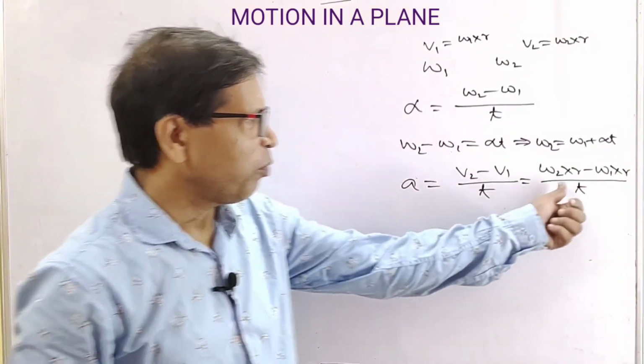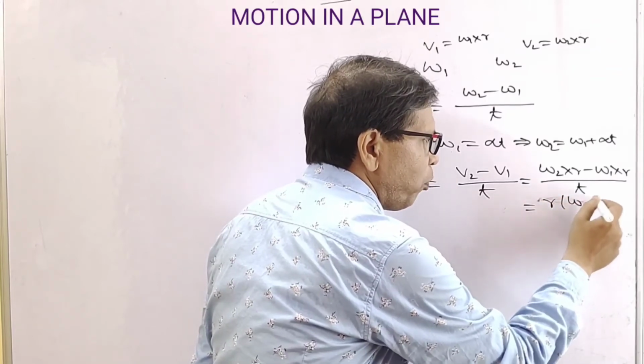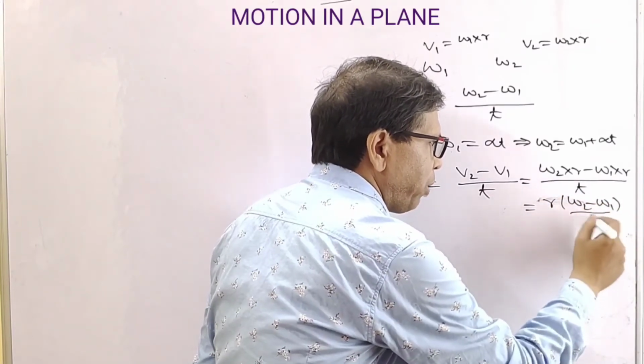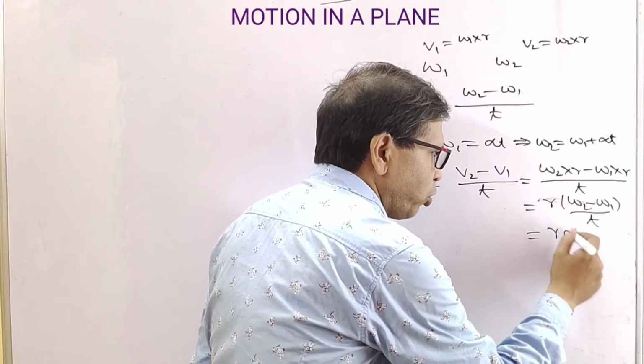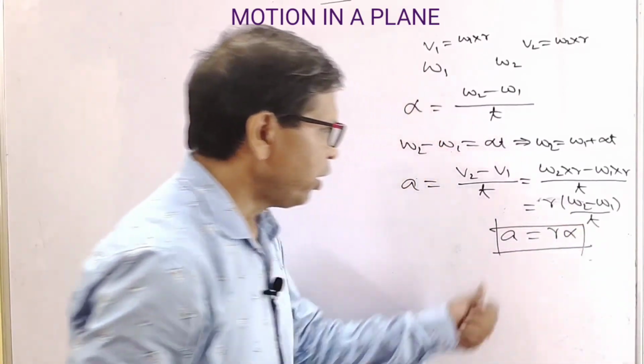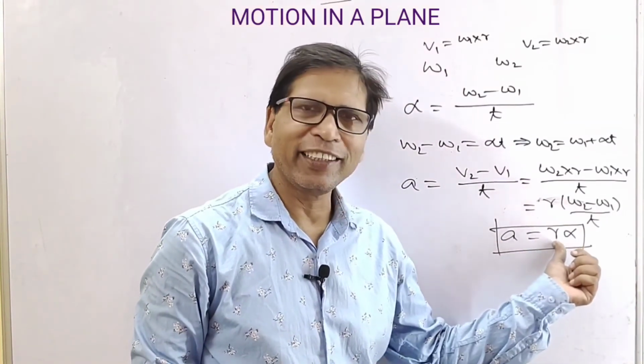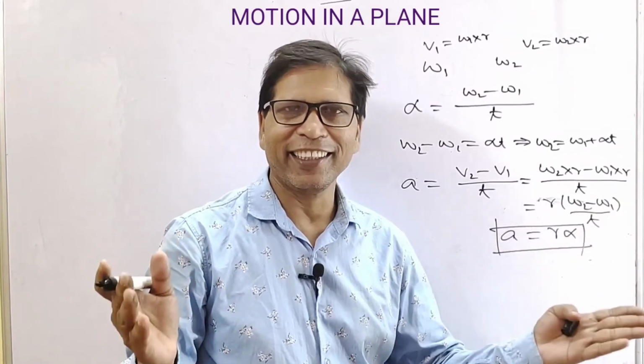From this relation we get r into omega 2 minus omega 1 divided by t, so this is r into alpha. Therefore linear acceleration is equal to radius into angular acceleration.